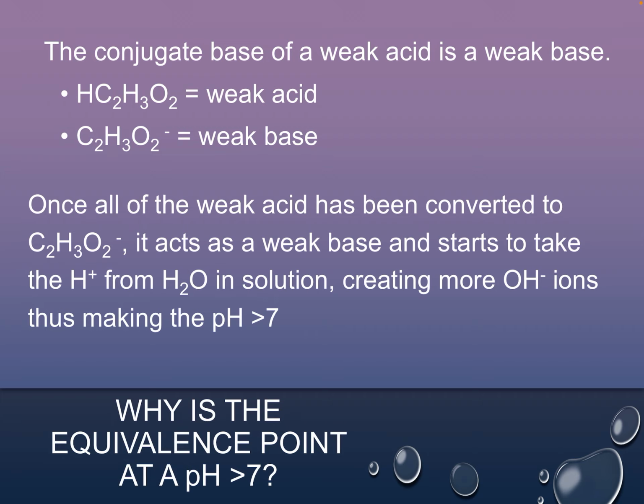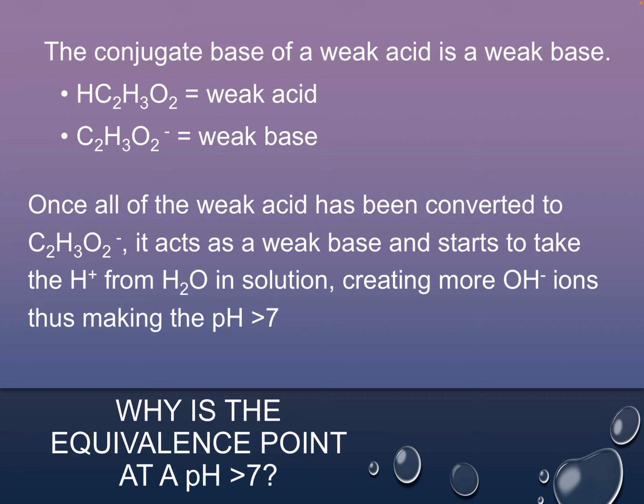So just to hit this home, why is the equivalence point higher than 7? Why is that again? Because we are producing weak base in solution. We're starting with our weak acid, and once we add a bunch of hydroxide, we are converting all of that into weak base.